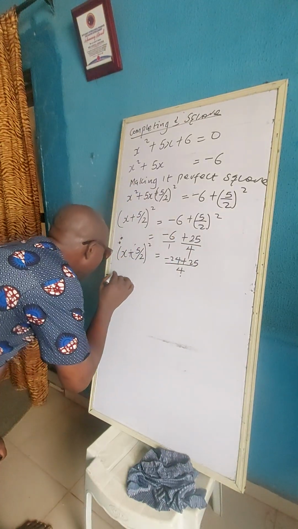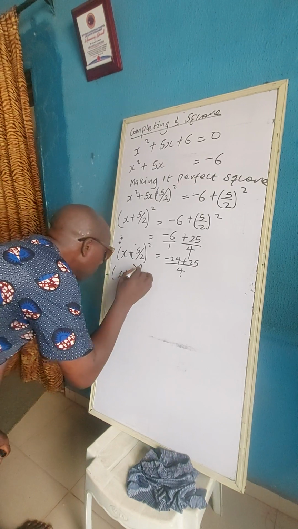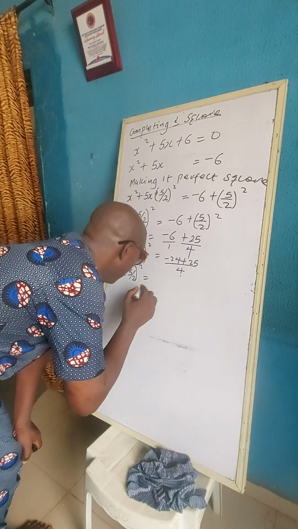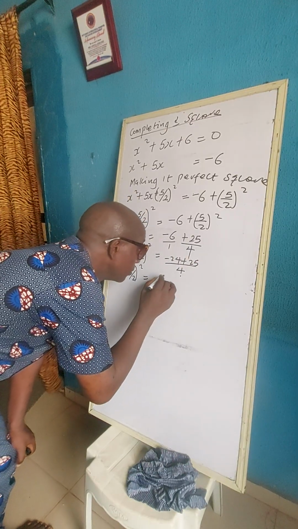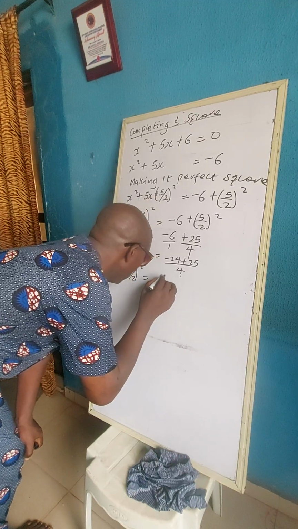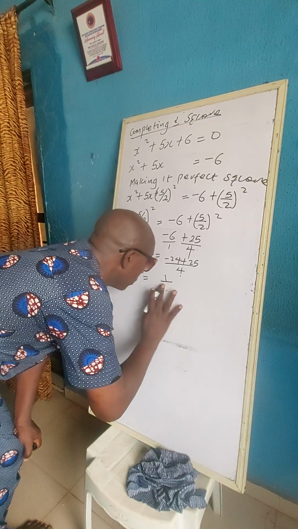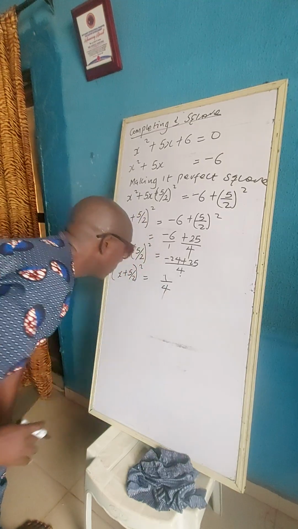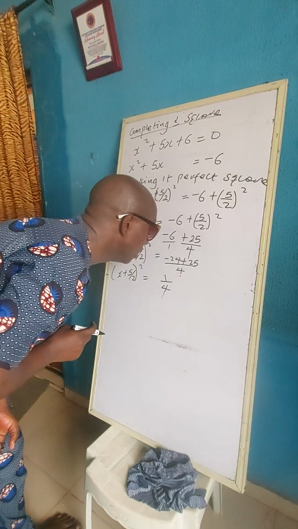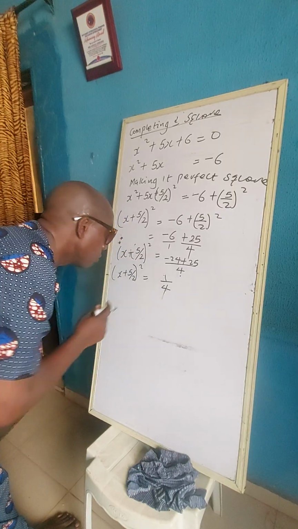It becomes x plus 5 over 2 all squared equal to 1 over 4, minus 24 plus 25 gives you plus 1 over 4.